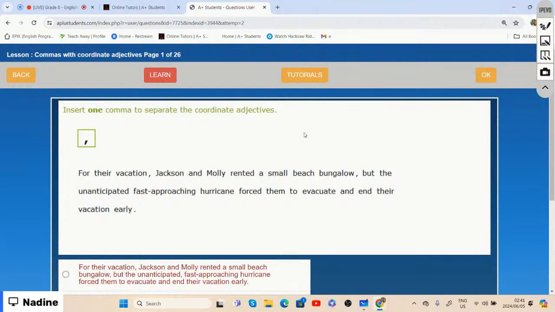All right, so we have to use one comma to separate the coordinate adjectives. It says for their vacation, Jackson and Molly rented a small beach bungalow, but the anticipated fast approaching hurricane forced them to evacuate and end their vacation early.